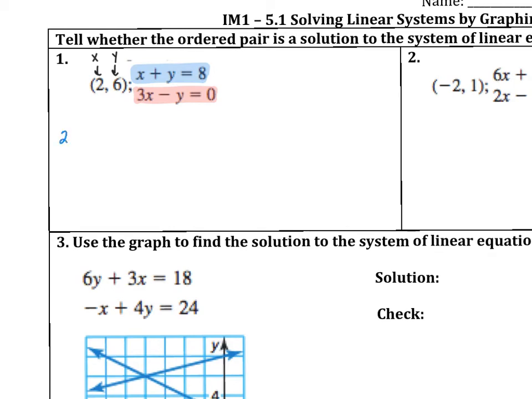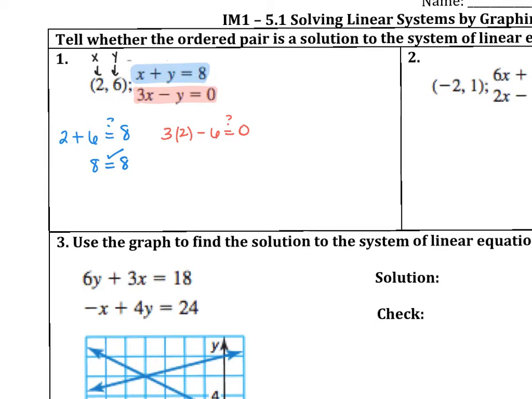x is 2 plus y is 6 equals 8. And I like to put a question mark because I'm not sure yet, but I simplified down and I do get a true statement, 8 equals 8. Let's check for the red equation. 3 times x, which is 2, minus y, which is 6, equals 0. Is that true? I don't know.